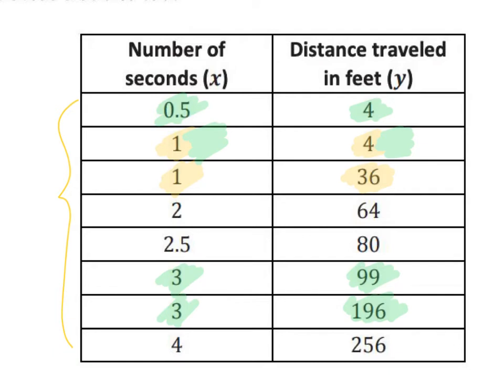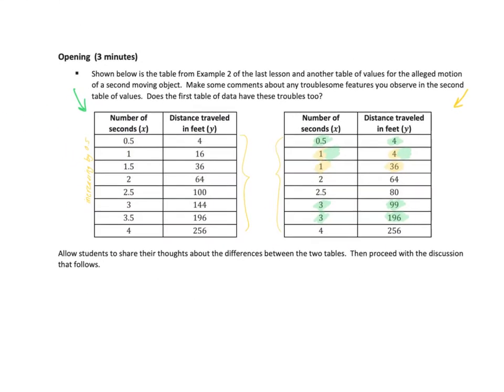It doesn't make sense. How can something that's falling at half a second, it fell 4 feet, and then at 1 second, it fell 4 feet again, and then at 1 second, again, it fell 36 feet? That doesn't make any sense, okay? These values are not making sense.